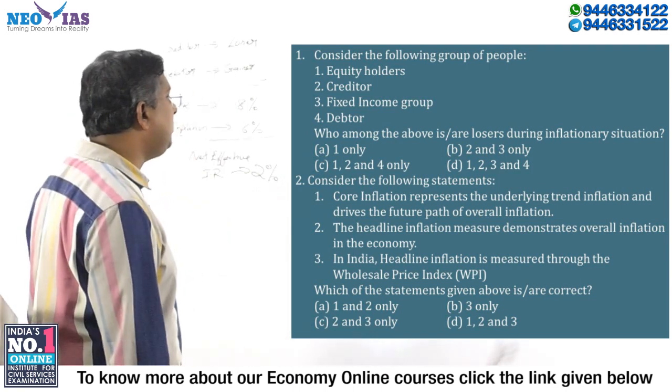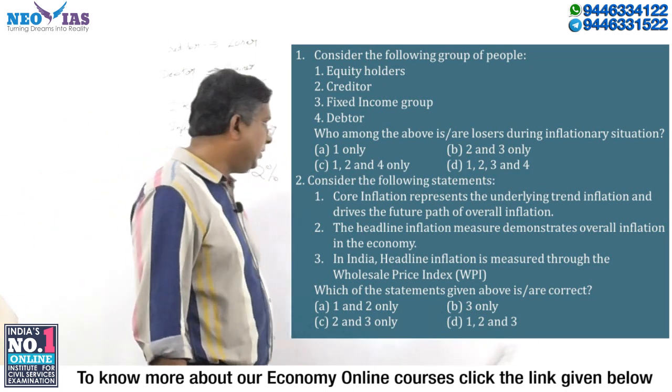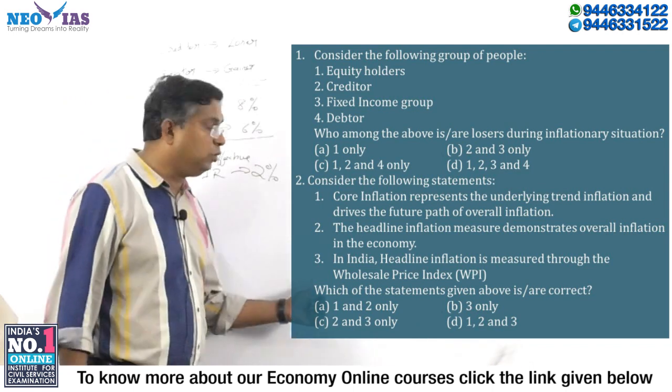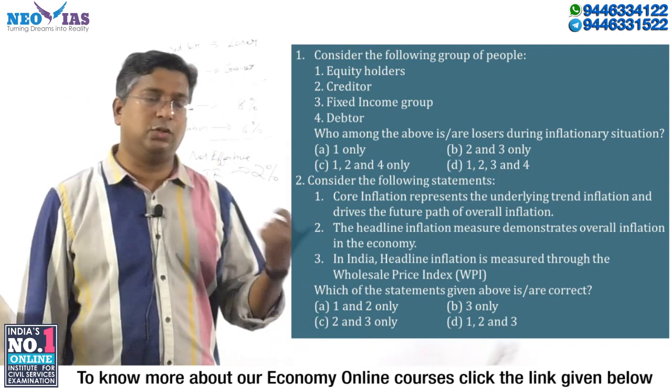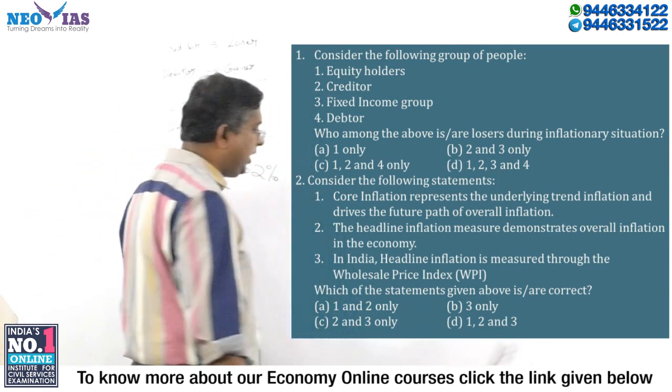The headline inflation measure demonstrates overall inflation in the economy. That's a correct statement. Regarding India, headline inflation is measured through the wholesale price index. No. Mainly, the headline inflation in India is measured through the consumer price index. So the third statement is wrong. Your answer will be A, 1 and 2 only.